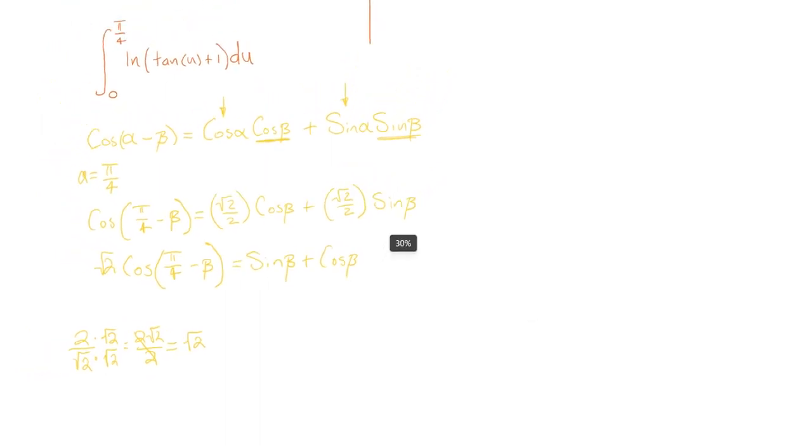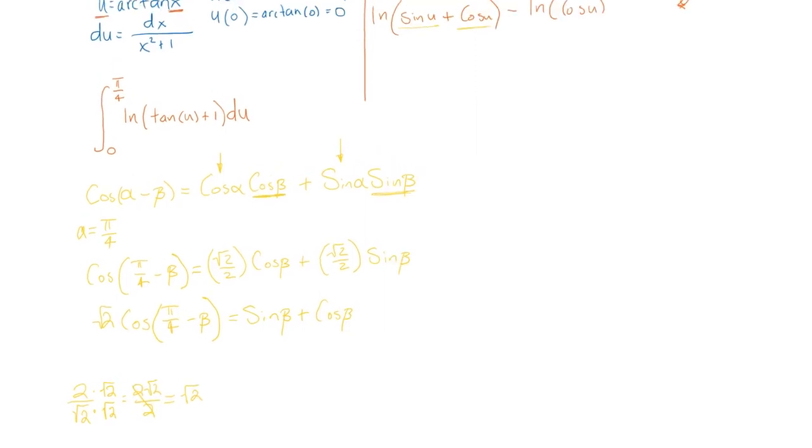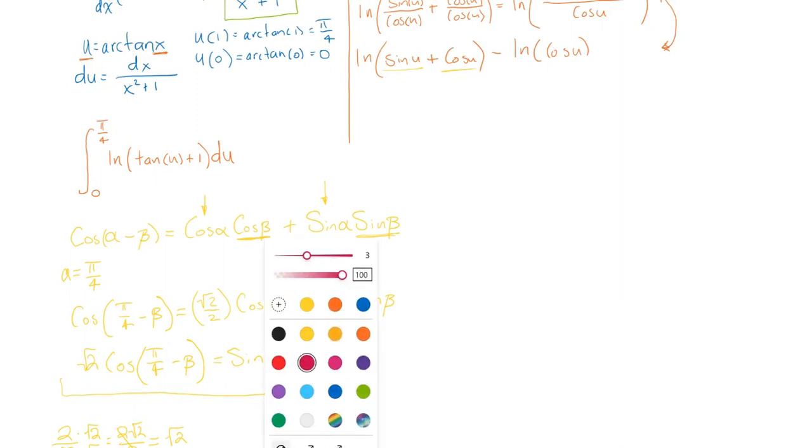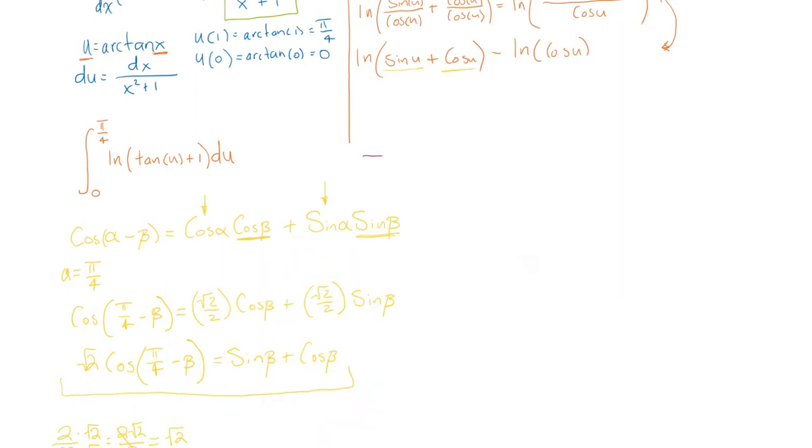What we've done now is we've derived another property from a property that we already had in order to replace this sine u plus cosine of u with something that is written explicitly in terms of cosine. So now we will rewrite that.